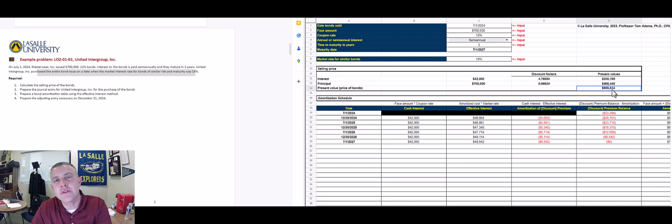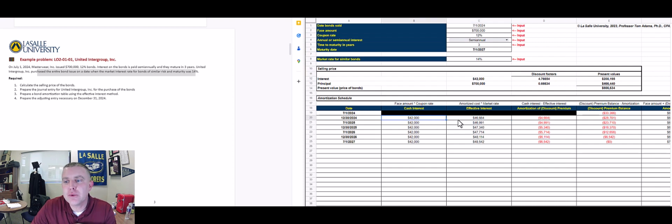We use 14% interest when we pulled in these discount factors. So our effective interest is actually not this 12% that's being used to calculate the cash coupon payment. It's actually the 14%. So to get this number, we're going to take the previous balance, multiply that by 7%, or 14% divided by 2 periods. Okay? That's how we get this number.